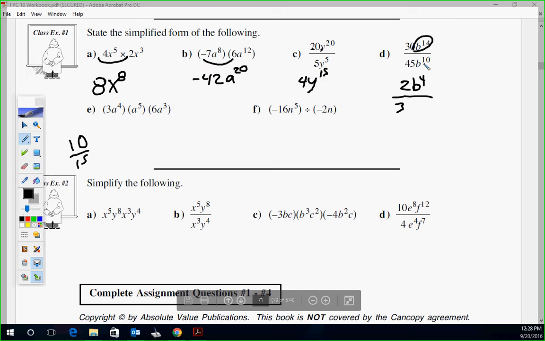The top has more B's, so the B's are on top. And the coefficient here is 2/3, we talked about it yesterday. Next, 3 times 1 times 6 is 18. a4, a5, a3: 4 plus 5 is 9, plus 3 is 12. So 18a12.